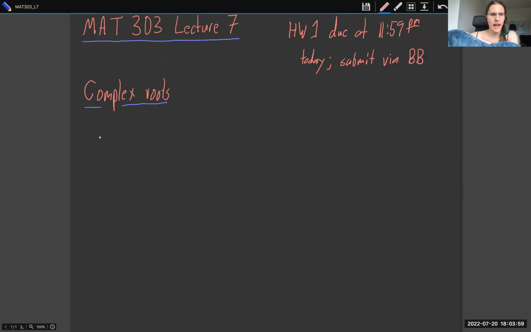Let's consider A to be the matrix 4, -3, 3, 4. So the determinant of A minus lambda I is equal to what?